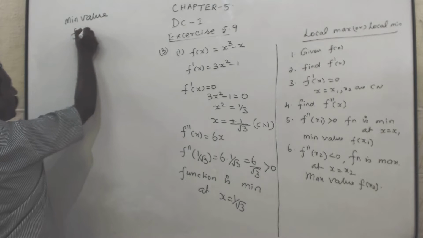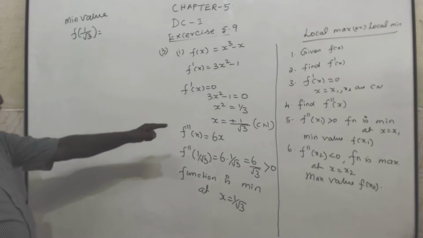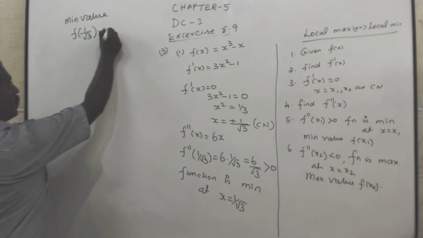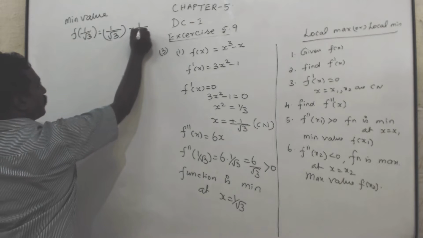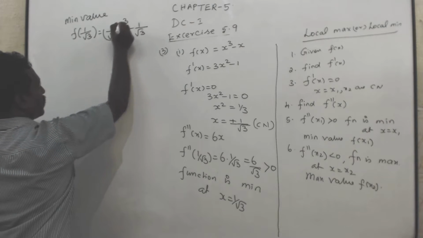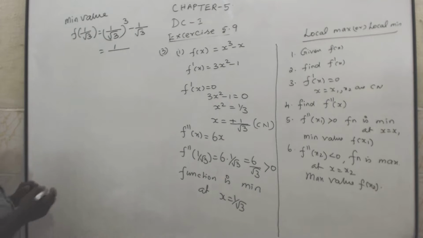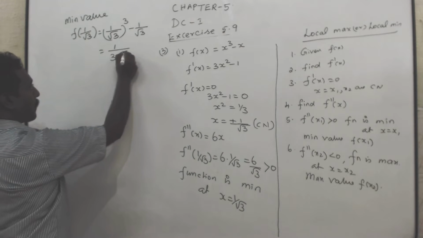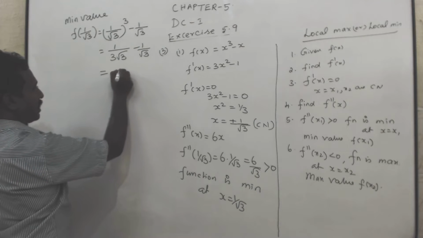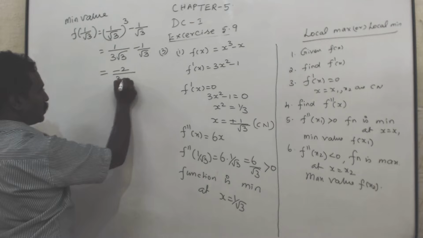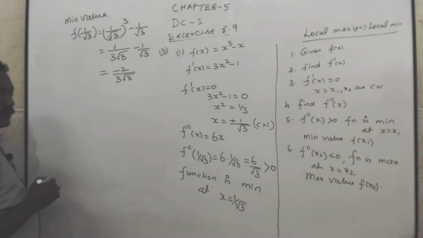That is f of 1 by root 3. f of 1 by root 3 is (1 by root 3) cube minus 1 by root 3. Root 3 cube means root 3 into root 3 into root 3, that is 3 root 3, minus 1 by root 3. Taking LCM and simplify, we will get minus 2 by 3 root 3. 3 root 3 LCM, 1 minus 3, that is minus 2.